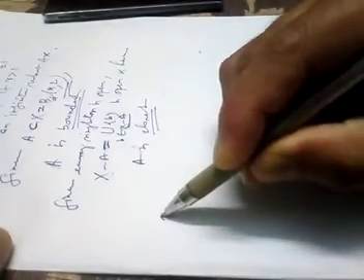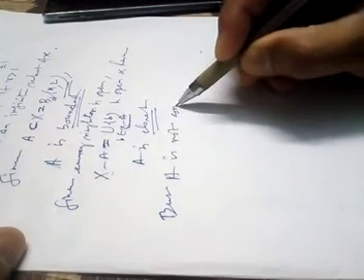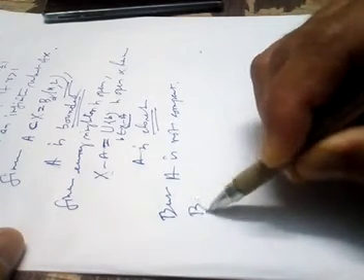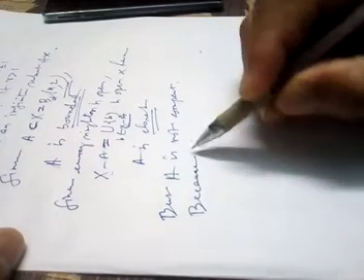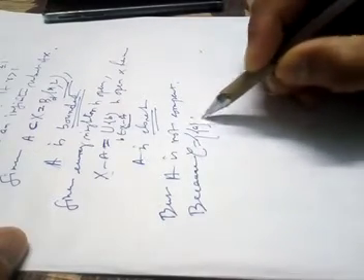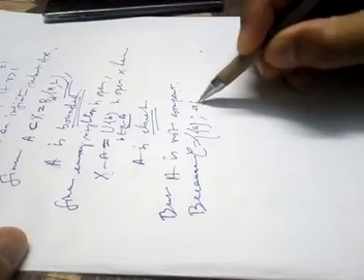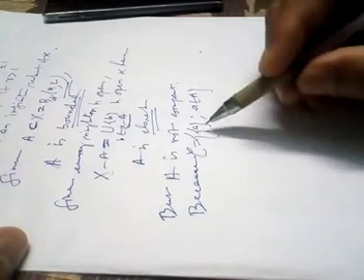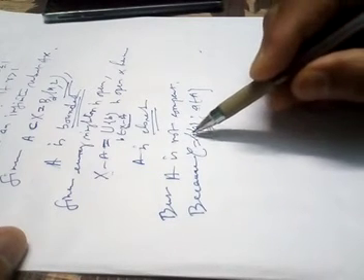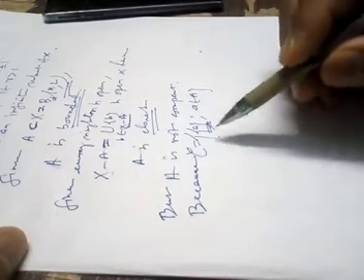Now I will show it is not compact, and it is very easy. A is not compact. What is the reason? Because the script C equal to the family of all singleton subsets {a}, where a is in capital A, is a family of open sets.